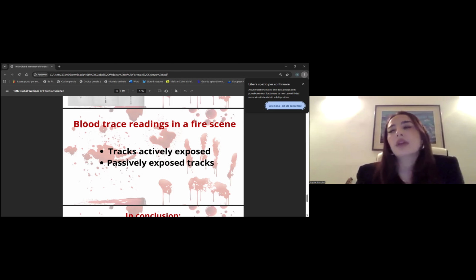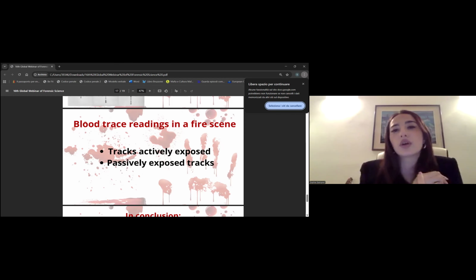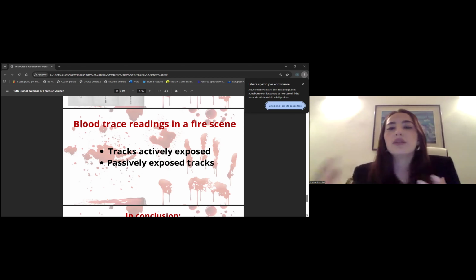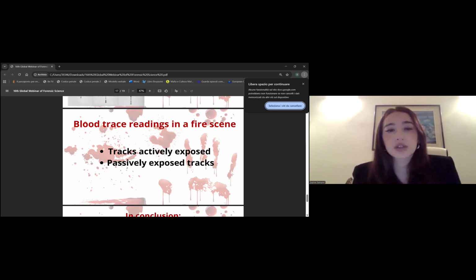This way of thinking was based on the assumption that evidence exposed to the conditions of the fire would degrade and wouldn't allow the effectiveness of more general investigative techniques or wouldn't produce significant results.